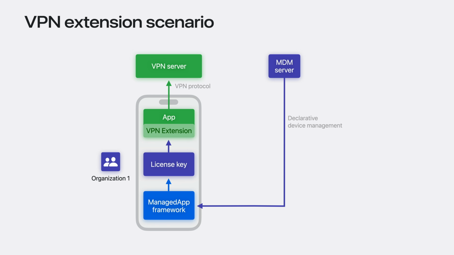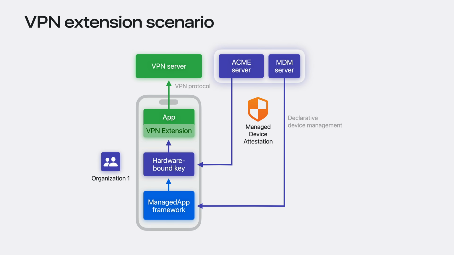Managed App Framework can provide the strongest kind of authentication material that Apple supports. Using Managed Device Attestation, the administrator provisions an attested, hardware-bound key for that specific device. Managed App Framework makes it available directly to the VPN extension and only that extension. It uses that identity to authenticate to the VPN server. This thwarts many of the potential threats that worry VPN administrators.